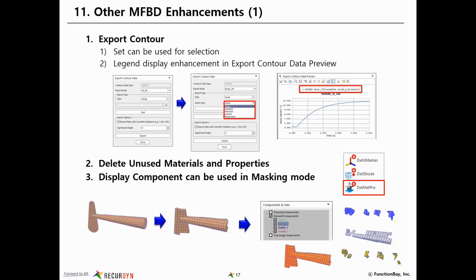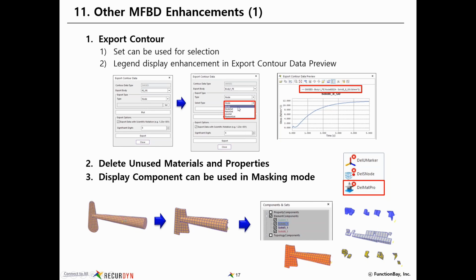All right, other MFBD, multi-flexible body dynamics enhancements. So export contour. One of the things that can be quite useful is that we're given a little bit more information as you export this contour data.